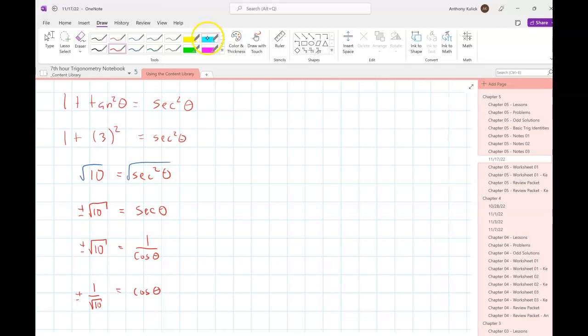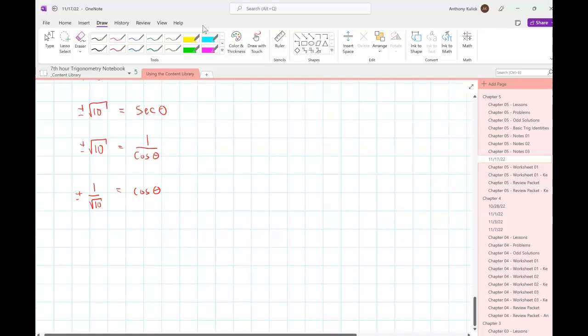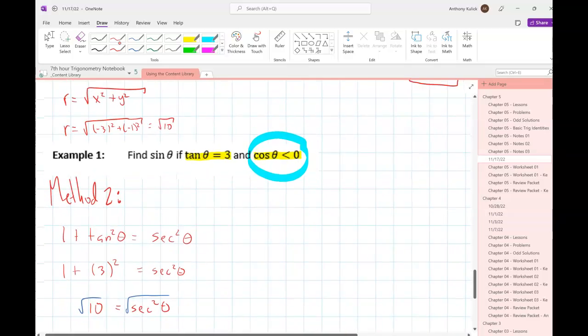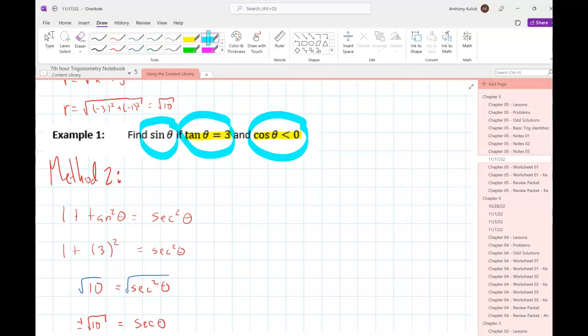But what do I know about cosine from the problem? It's negative, so what is that telling me about the plus or minus? Has to be the negative one. Great. So now that I know what cosine is, I can go back here and look for an identity that involves cosine, tangent, and sine.